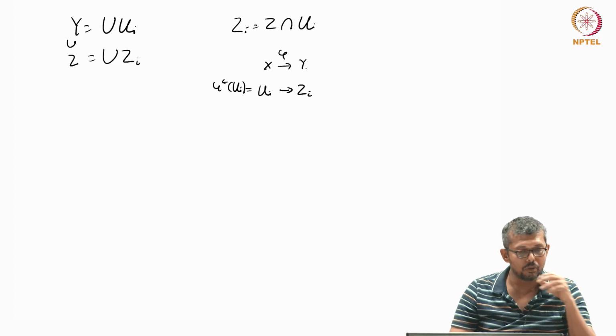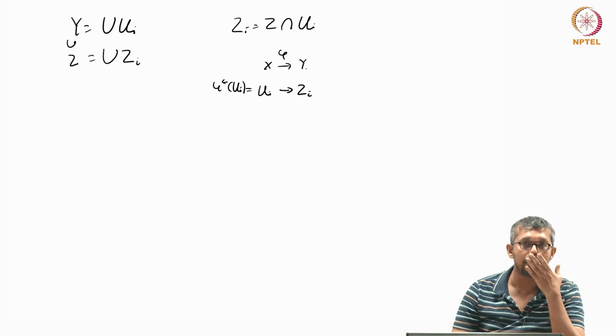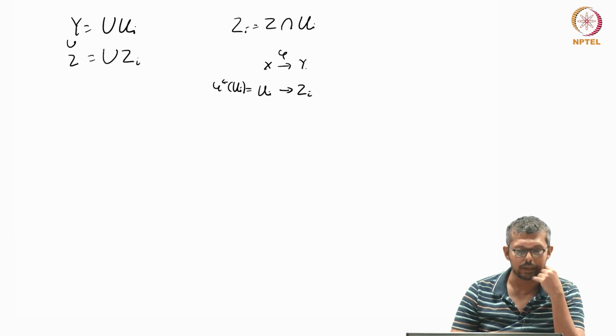So now once you know this finite map, the next topic of interest is what are called proper maps. These proper maps are the analog of projective space or the analog of compactness.